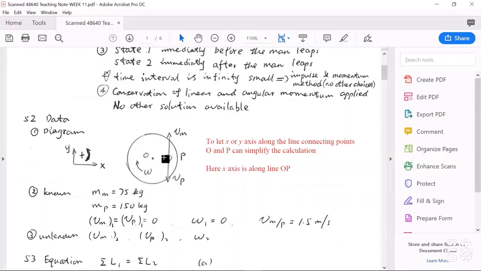Vp1 means the initial velocity of point P, where this man stands. This point P is on the platform. Omega 1, of course, is 0. The relative velocity of this man to the platform when this man leaps off is 1.5 meters per second.